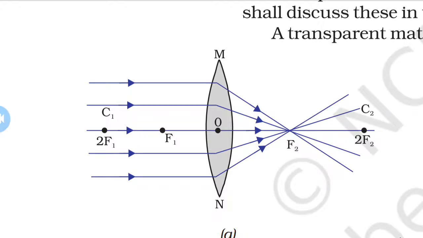Now the optical center, O. The central point of the lens on the principal axis of the lens is called the optical center of the lens.